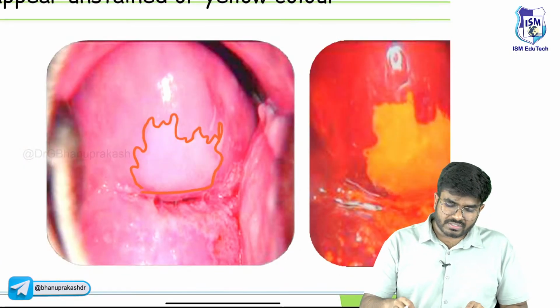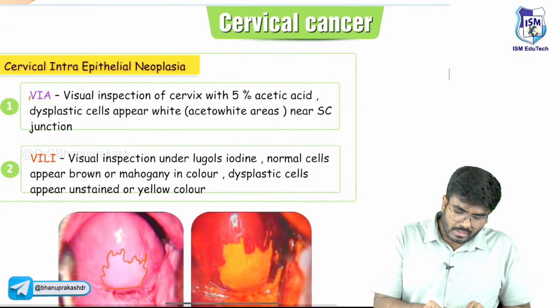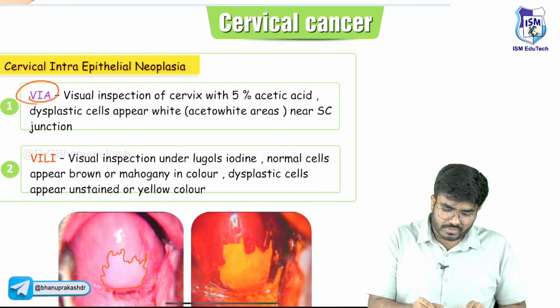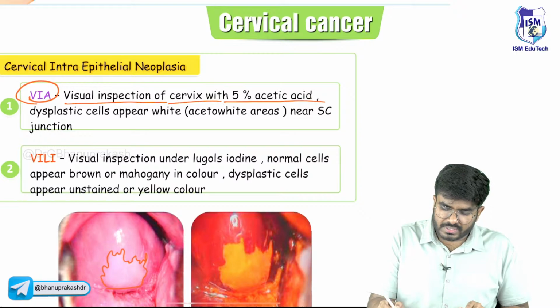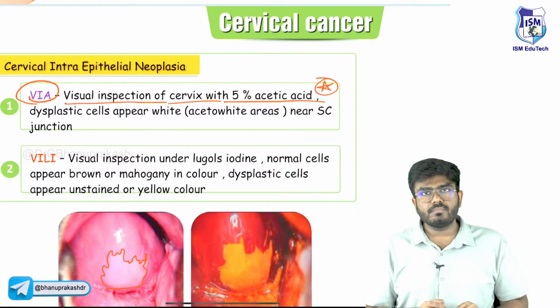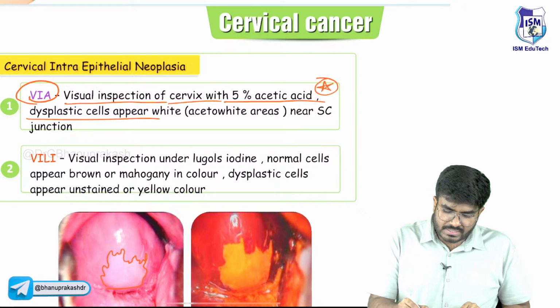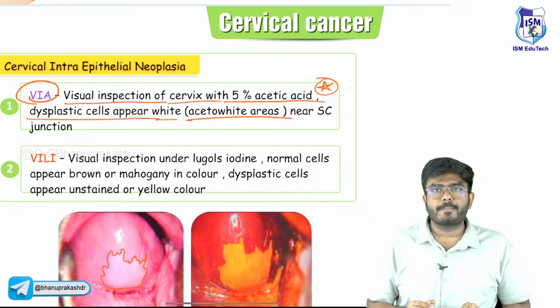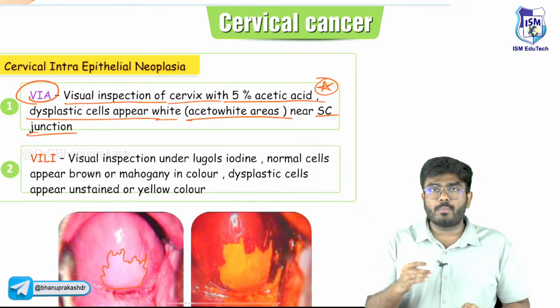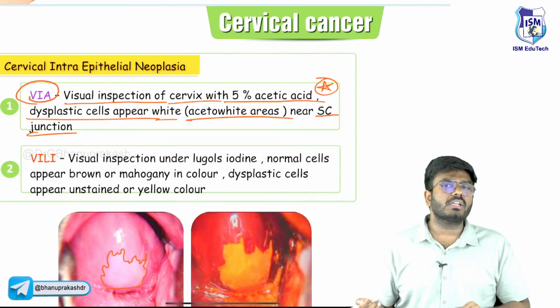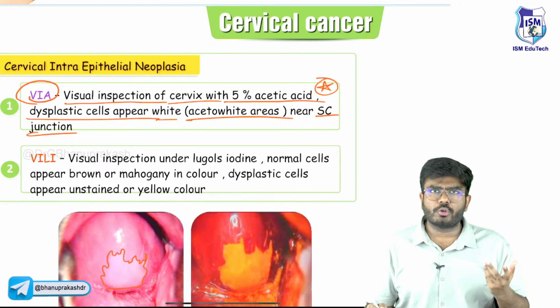So this is called VIA, visual inspection of the cervix with 5% acetic acid. Dysplastic cells appear white, aceto-white areas near the transformation zone, the squamo-columnar junction. That's the most common site of cervical intraepithelial neoplasia, you know it.